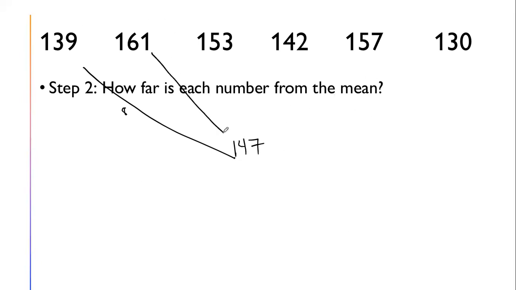Okay, 161 and 147, how far are they from each other? Don't depend on me to do all the calculations. 14 away? All right. How far is 153 from 147? 6 away.